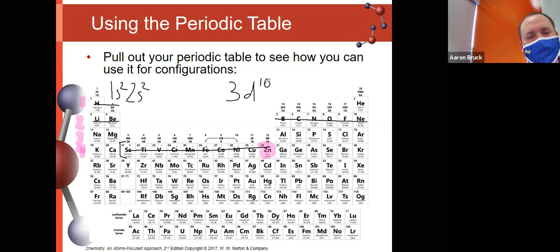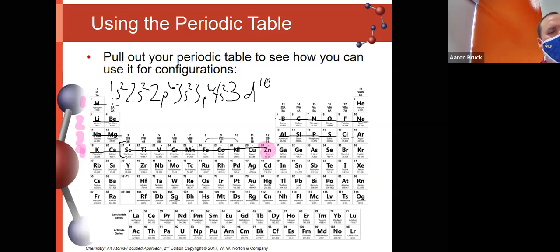I've got the 2p. p has a capacity of 6, so it's 2p6. Then 3s2, 3p6, and finally 4s2, before that 3d10.